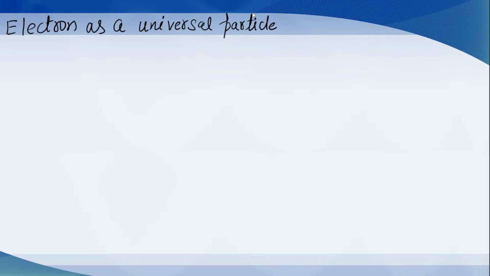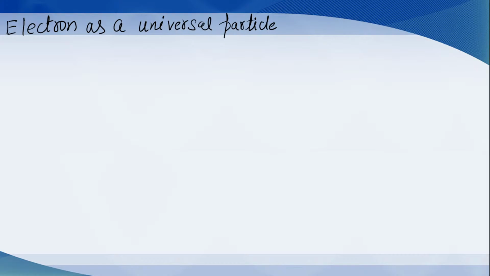Electrons are the constituents of cathode rays that we have already discussed, which are formed in the discharge tube.